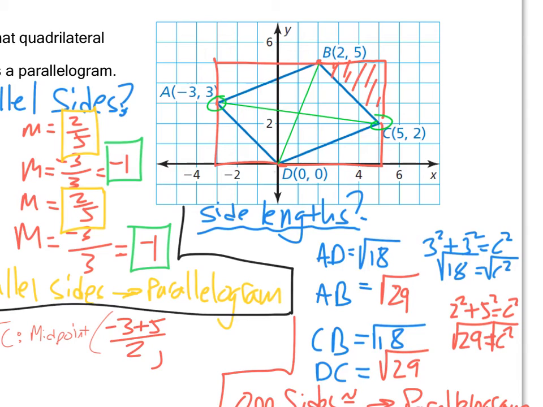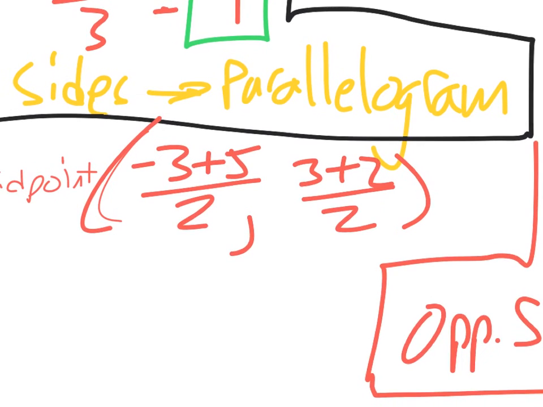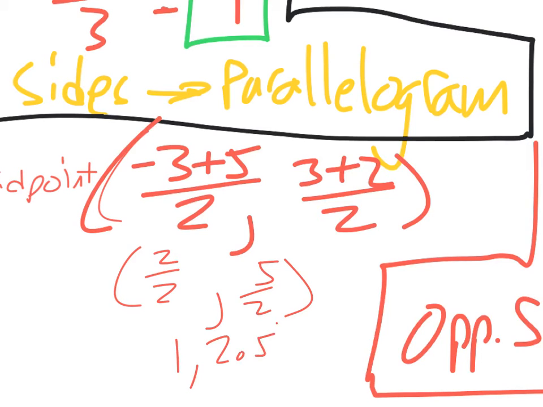The y's are 3 and 2, so let's average those. 3 plus 2 divided by 2. Okay, and so this is really kind of two formulas in one. So if we average those, the midpoint we get, this is 2 over 2. And this is 5 over 2. Or 1 and 2.5. All right, so there's the midpoint going one way.